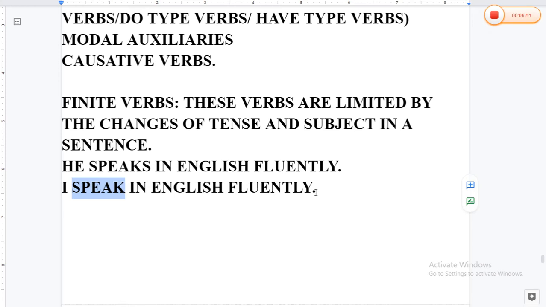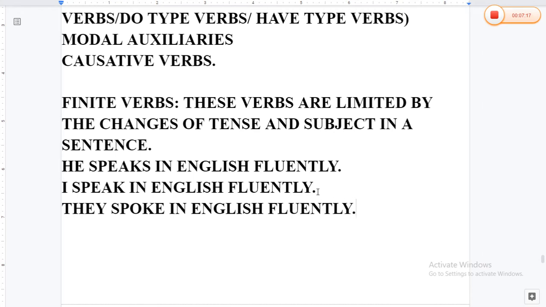Fine. The next example we take. Now I change the tense of this statement. They spoke in English fluently.